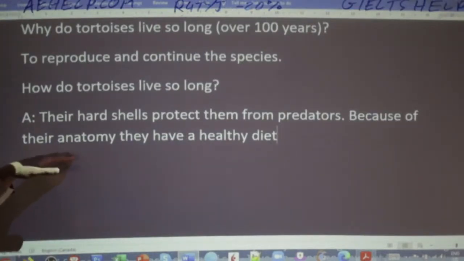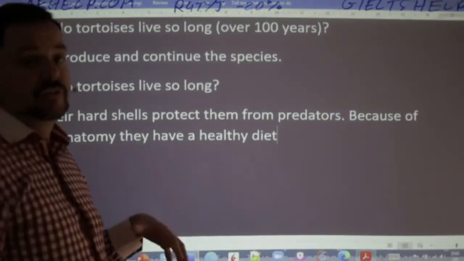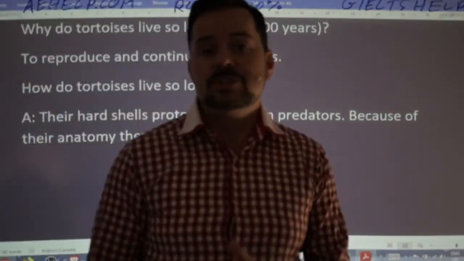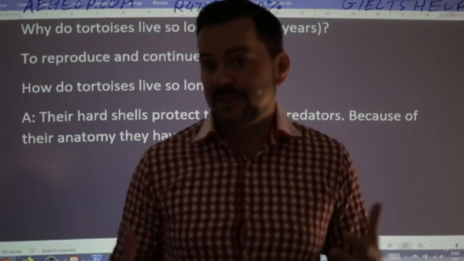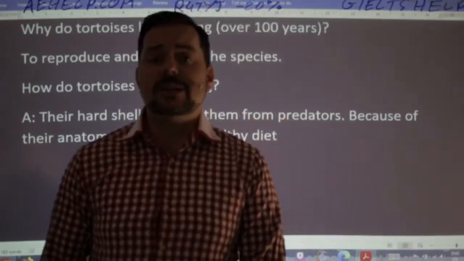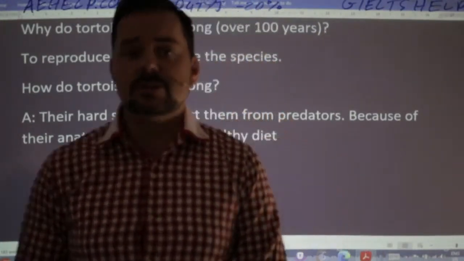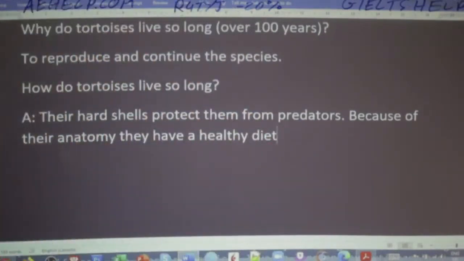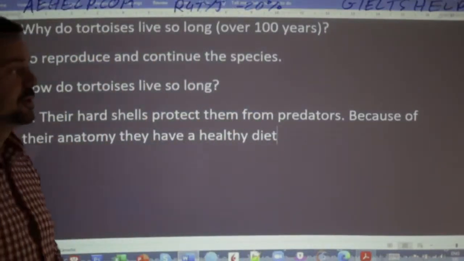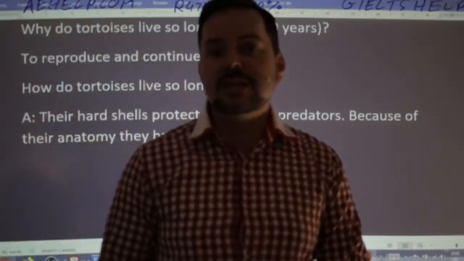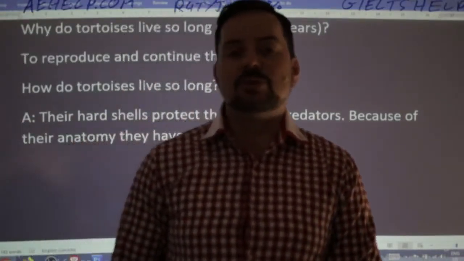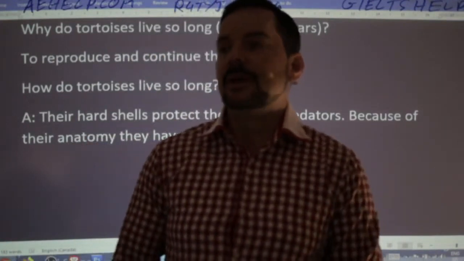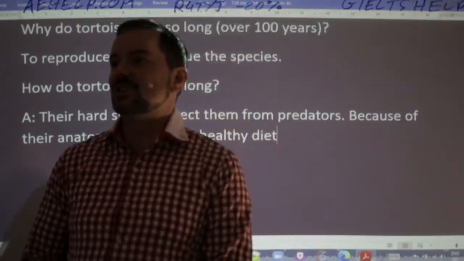Their anatomy is their physiology, their physical makeup, their biology, right? So even though some other organisms live very healthy lives, they still might not live to 150 years. So there's obviously something very unique about tortoises. What is that unique behavior and anatomy of tortoises that allows them to live such a long life?